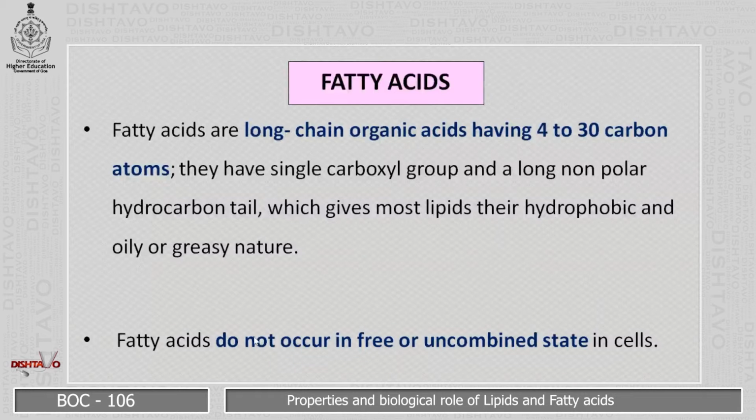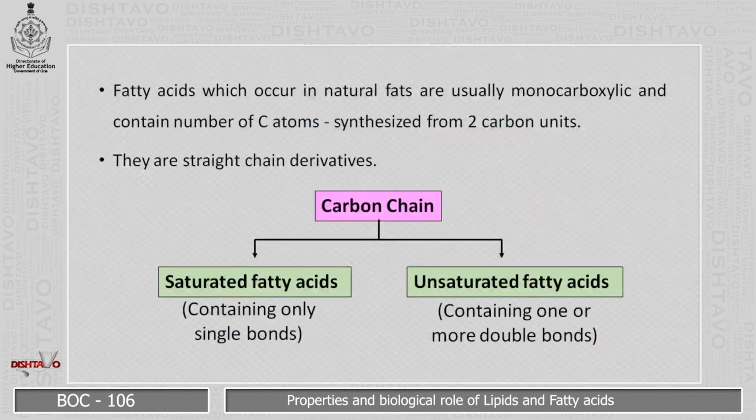Fatty acids do not occur in a free or uncombined state in living cells. Fatty acids which occur in natural fats are usually monocarboxylic and contain carbon atoms synthesized from 2 carbon units, and they are straight chain derivatives.